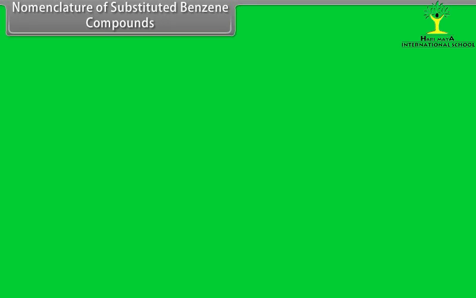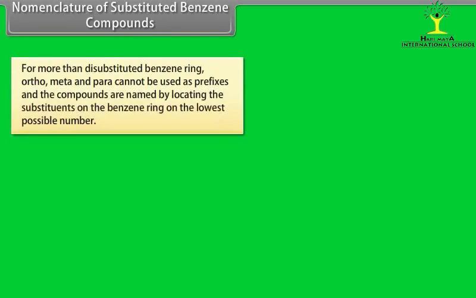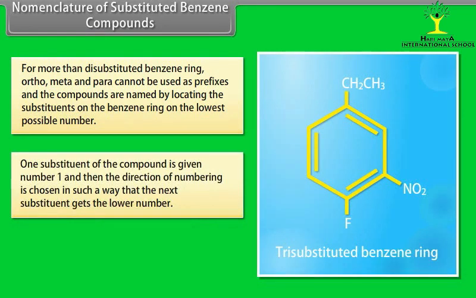Nomenclature of substituted benzene compounds. For more than di-substituted benzene ring, ortho, meta and para cannot be used as prefixes, and the compounds are named by locating the substituents on the benzene ring on the lowest possible numbers. One substituent of the compound is given number 1, and then the direction of numbering is chosen in such a way that the next substituent gets the lower number.